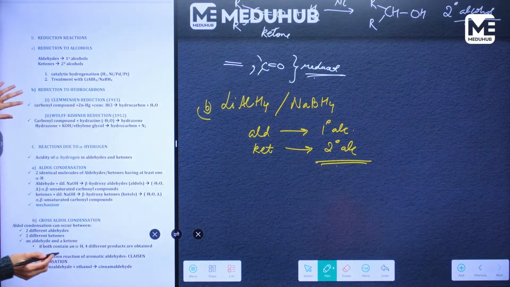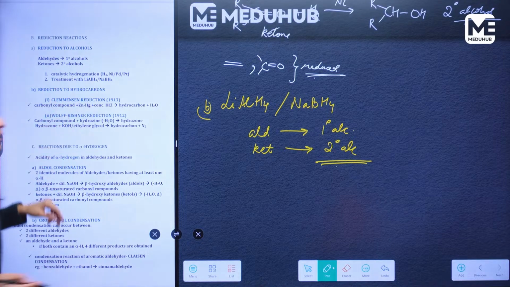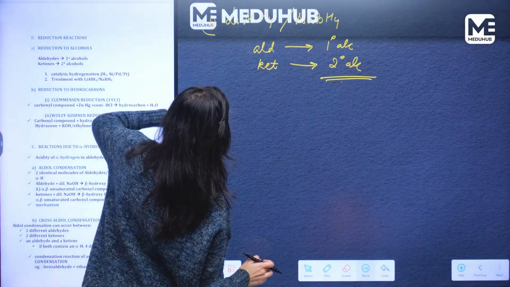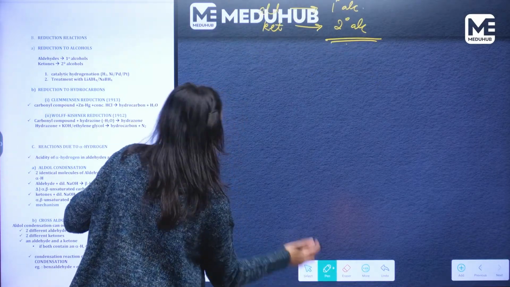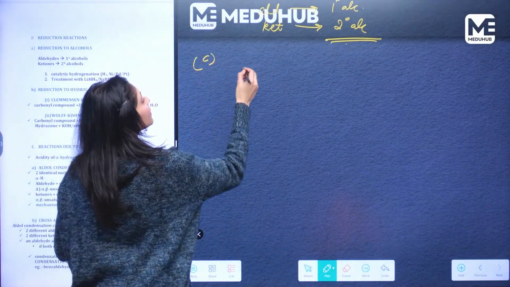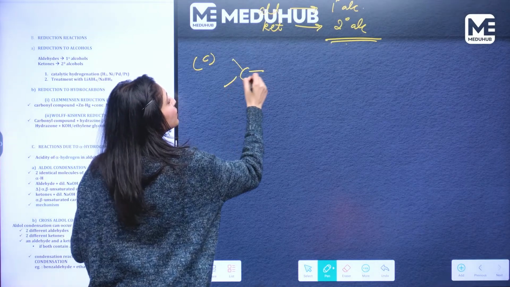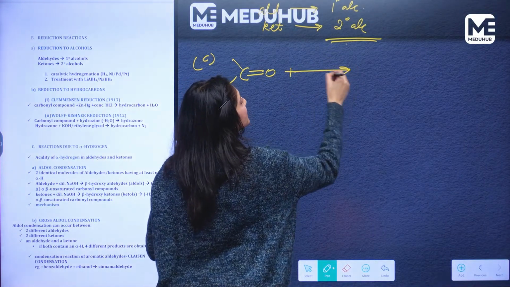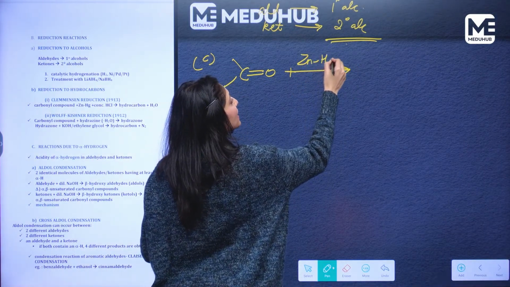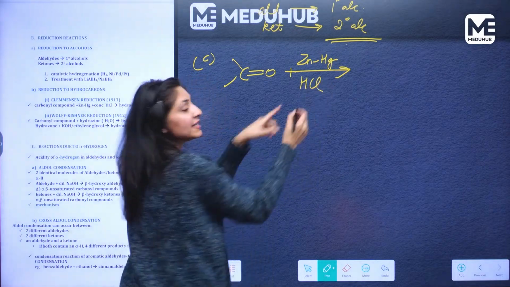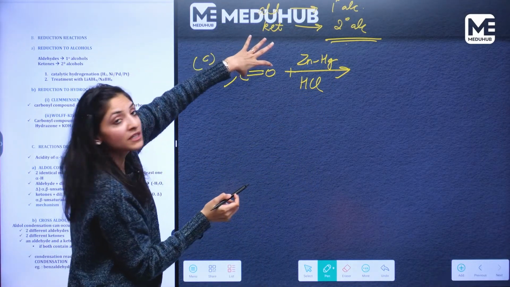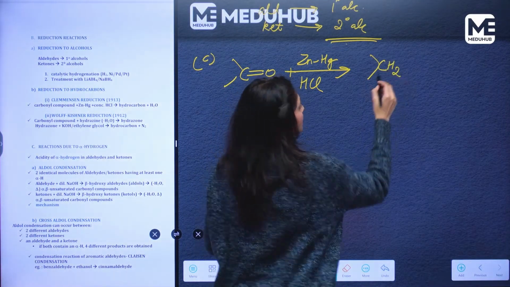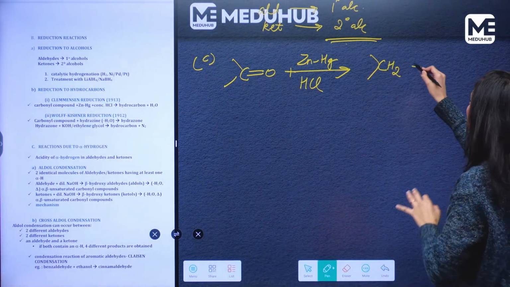The third method of reduction is called Clemmensen reduction. What happens in Clemmensen reduction? We have a carbonyl compound when it reacts with amalgamated zinc. So zinc with an amalgam with mercury, in the presence of HCl, this carbonyl group gets reduced to a CH2 group. That is, we get a hydrocarbon here plus water.